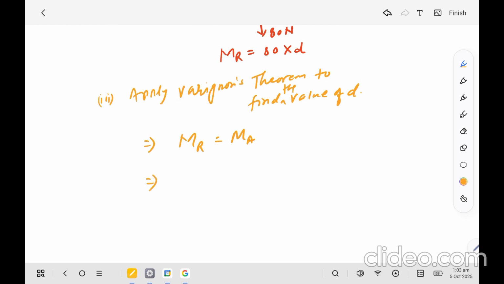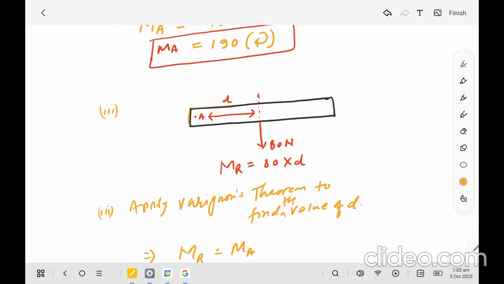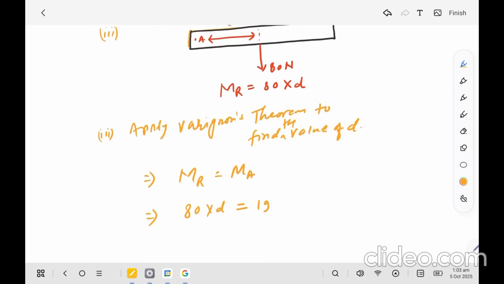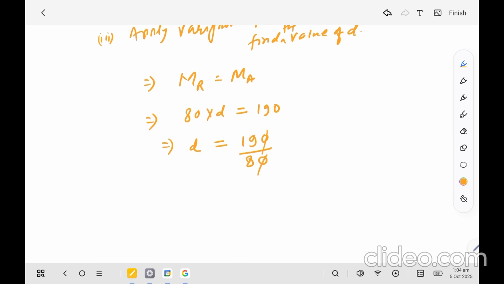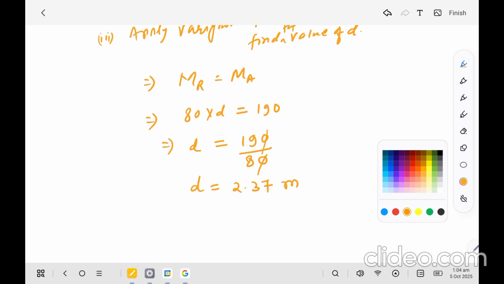So now we know the value of MR is 80 into D, and MA, the magnitude of MA is 190. So D will be 190 divided by 80, or D is 2.37 meters approximately.